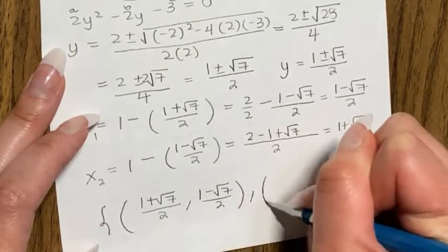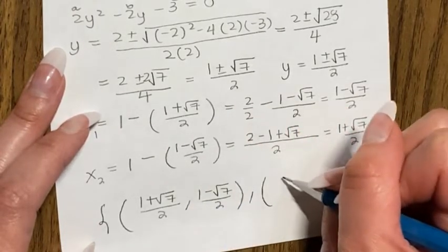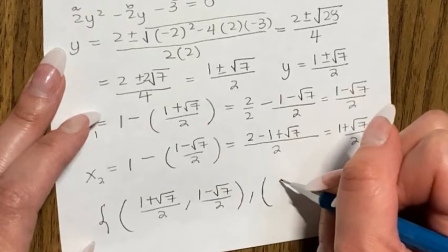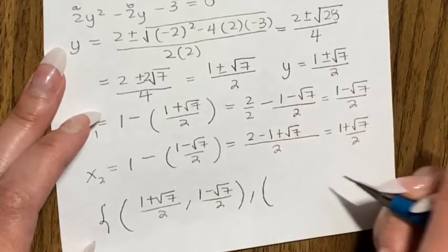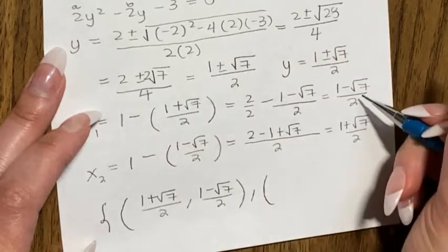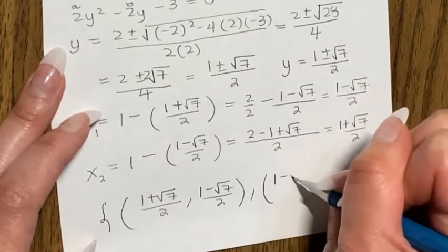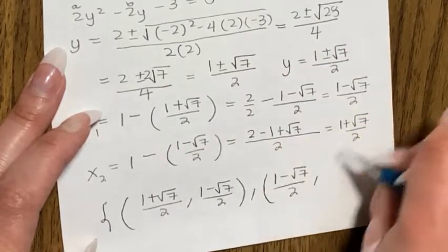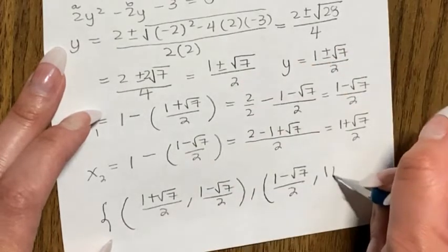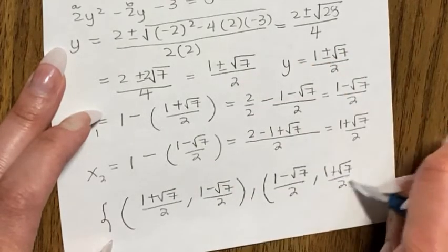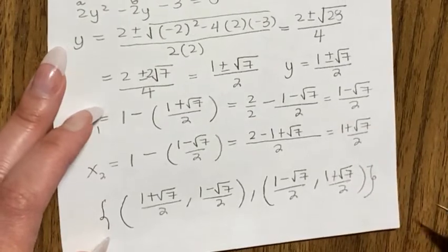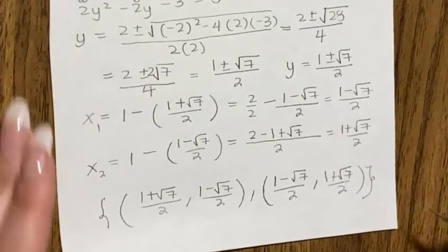The second one is this one. So this is your x, this is the y, this is the x, and the y, what was the y for this one? It was 1 plus root 7 divided by 2. And that's for part B.